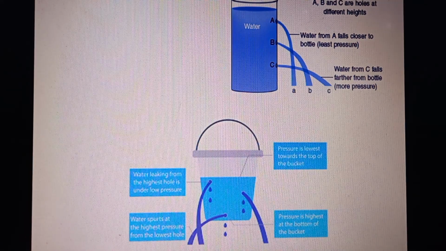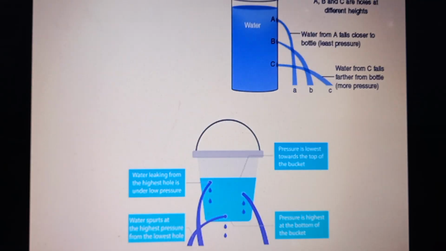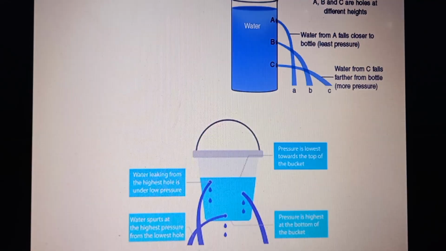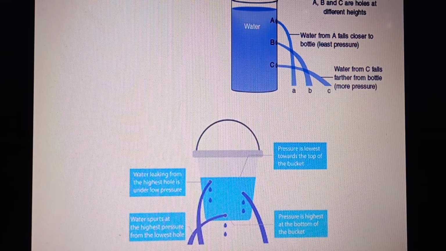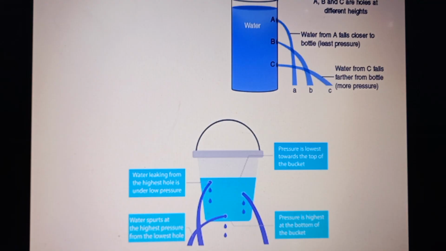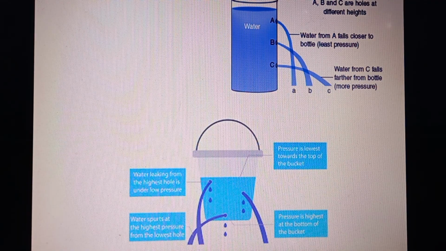So with A, B, C, letter C might have a pressure effect. Water from C falls farther from the bottle with more pressure exerted compared to A and B. So in this indicator, the higher, the slower; the average will be moderate speed; and letter C, the lower the hole, you also observe the greater pressure.